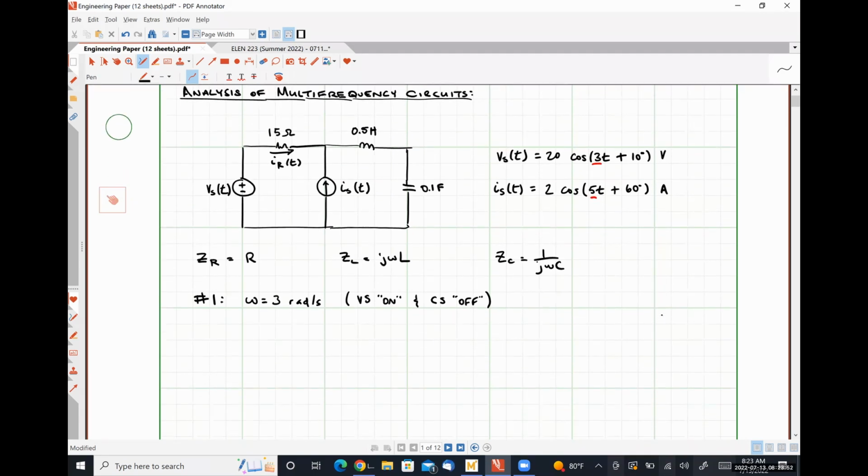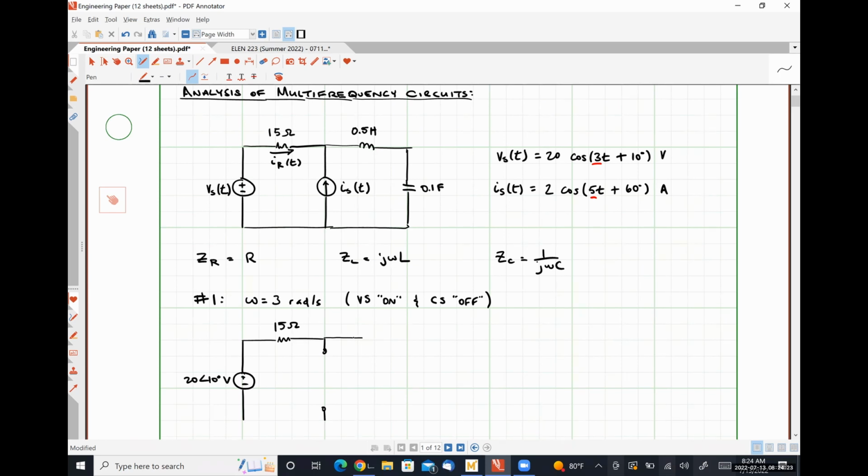So when omega is equal to 3 radians per second, we are going to have our voltage source, which is going to look like 20 angle 10 degrees volts. We have our 15 ohm resistor. Our current source is turned off. We do that by replacing it with an open circuit.